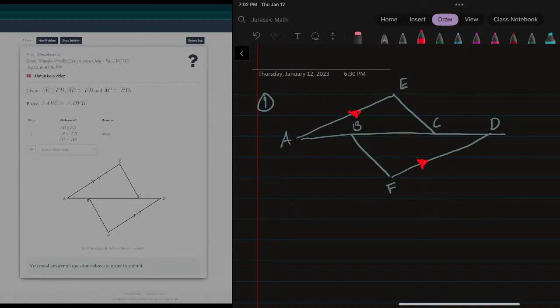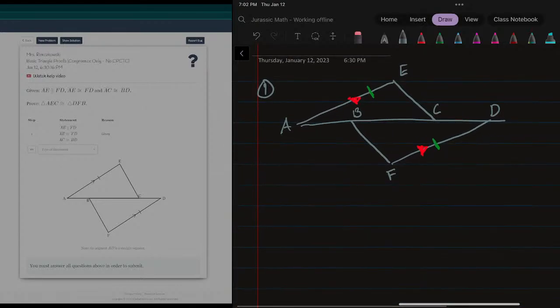So the next thing is AE is congruent to FD. So I'm going to mark that. That's congruent. And finally, AC is congruent to BD. Now that's a little bit harder to mark with the way it is. So what I'm going to do instead is take these two triangles apart for right now.